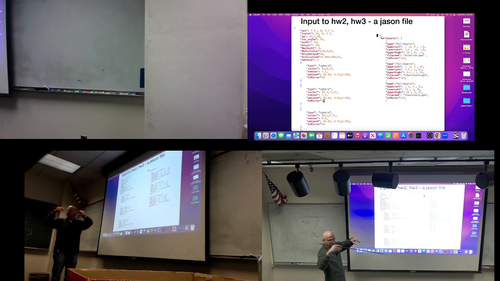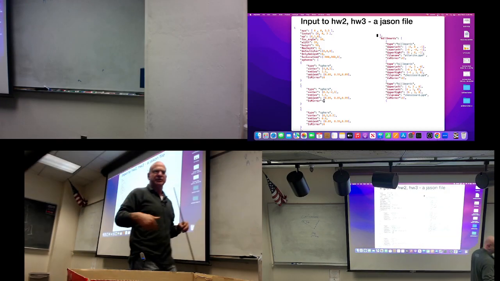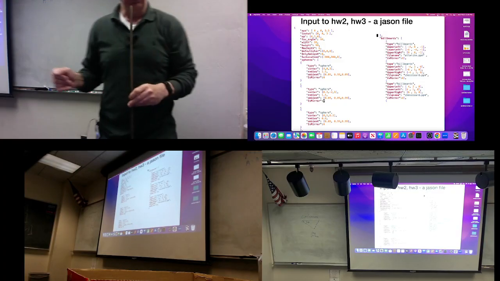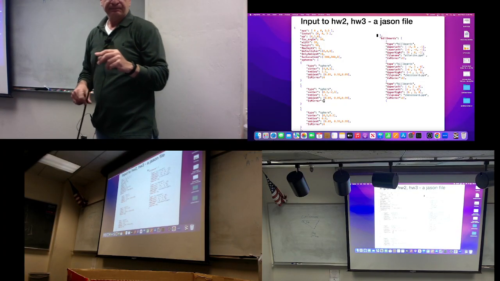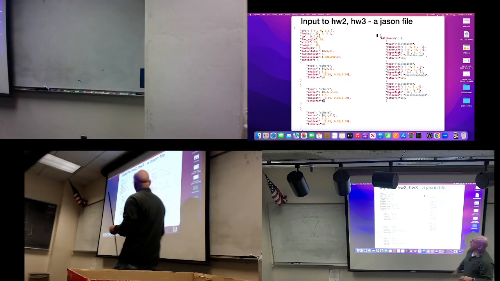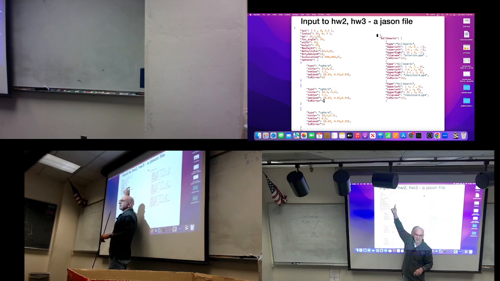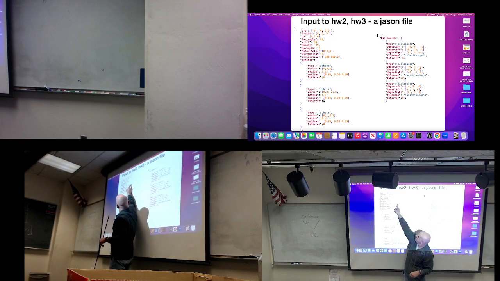A value of 6 means it should reflect, and if it hits another mirror, it should reflect again, but no more than 6 times. Not relevant for homework 2. That's the maximum depth. Default color: if your ray hits none of the objects, make it black in this case, or whichever you want.